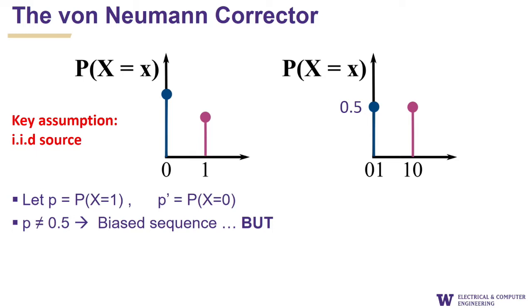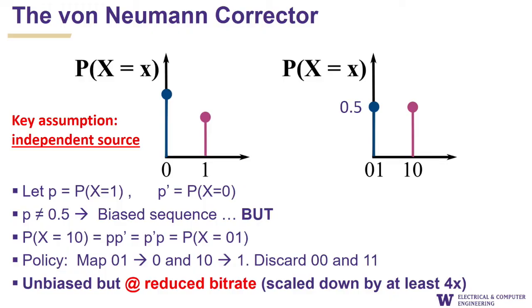What the von Neumann approach was simply, well, okay, let me look at bit pairs. Let me look at any two successive bits, and let's observe that if the probability of having a 1 is p, the probability of having a 0 is 1 minus p, or p prime. So the probability of a 1, 0 is p times p prime, which is the same as the probability of having a 0, 1.